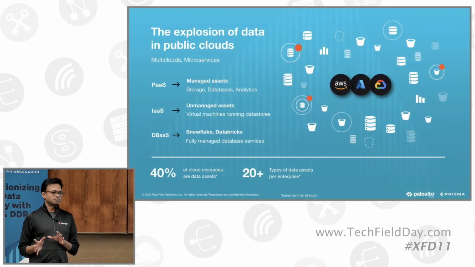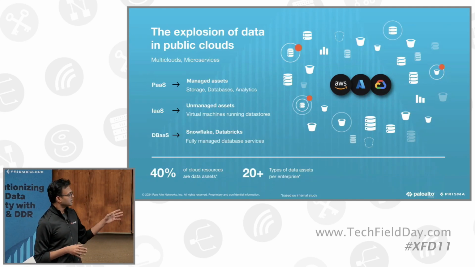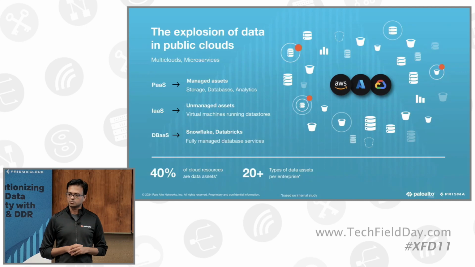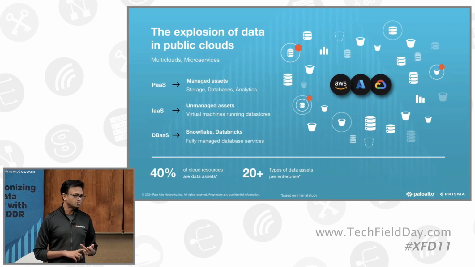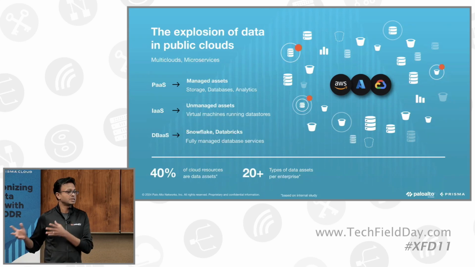Pivoting to the cloud, the problem goes tenfold compared to on-prem, right? There is an explosion of data stores. We're talking structured data sources and unstructured data sources, which means I can have an S3 bucket with different unstructured files in it. I can have a structured database that I'm deploying, or a semi-structured data source.